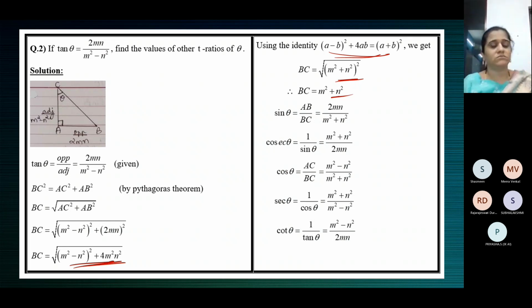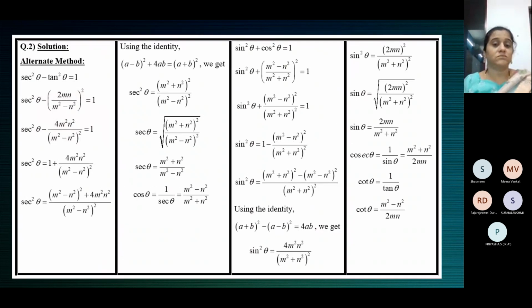All right, children. I'll share this picture on WhatsApp if you want to go through it. You understand the procedure, right? All of you? I've given the alternate method also using the identities.